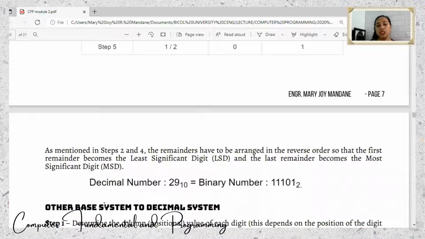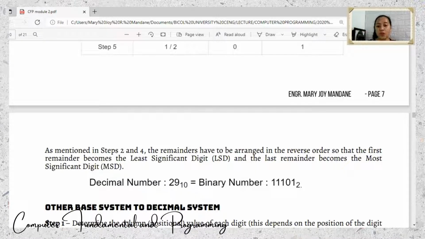Okay, so as mentioned in steps 2 and 4, the remainders have to be arranged in the reverse order. Reverse, so pabaliktad, so that the first remainder becomes the least significant digit and the last remainder becomes the most significant digit. So yung most significant digit is yung parang most left and the least significant digit is nasa most right.